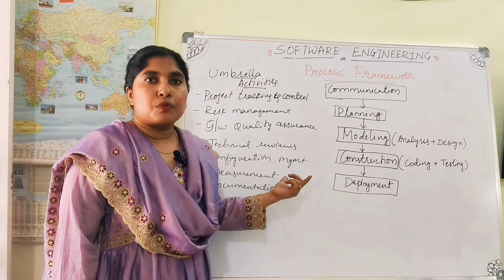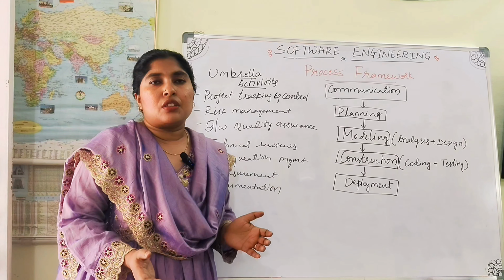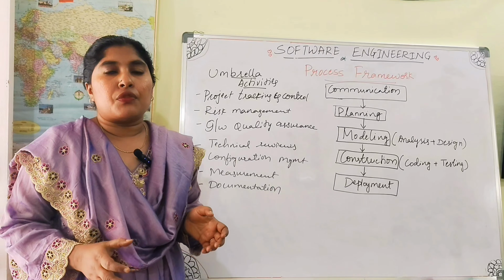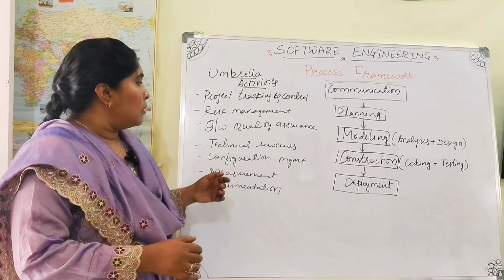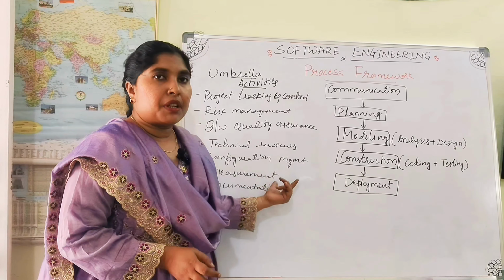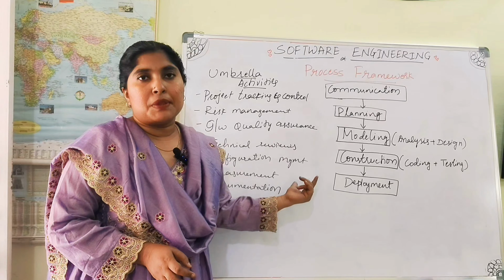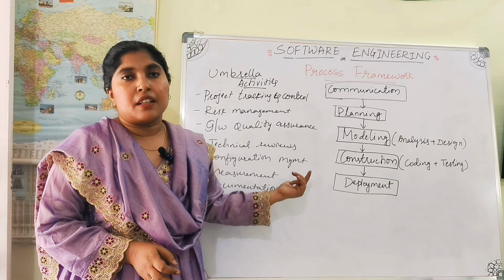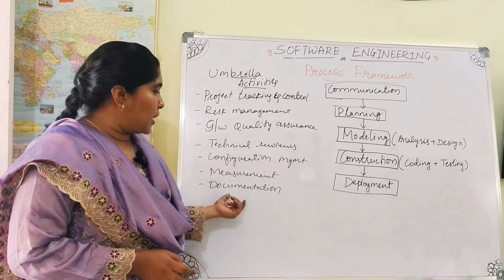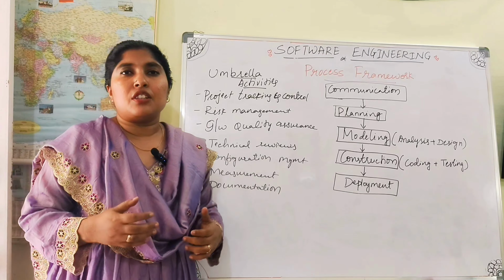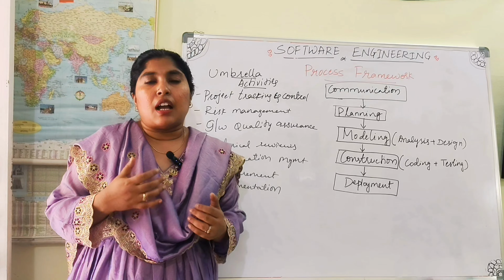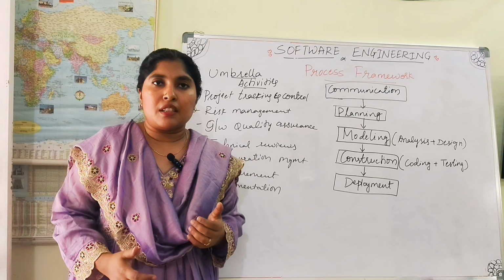Configuration management also plays a major role in incorporating that software or application into our phones, laptops or desktops. For measurement, metrics or statistical methods are used in order to calculate performance and production. Documentation: everything should be documented in order to give updates and to maintain the software.